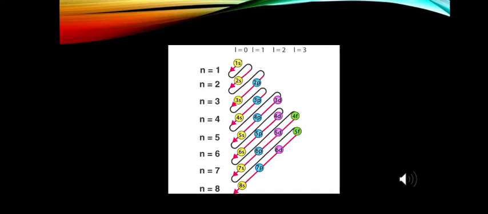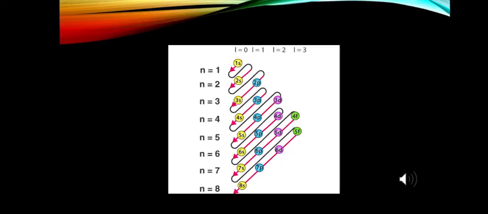So according to aufbau's principle, we have to fill the orbitals with the lowest energy levels. So they have given the command that we have to fill the orbitals diagonally, first the lowest one, and after that we will move further.